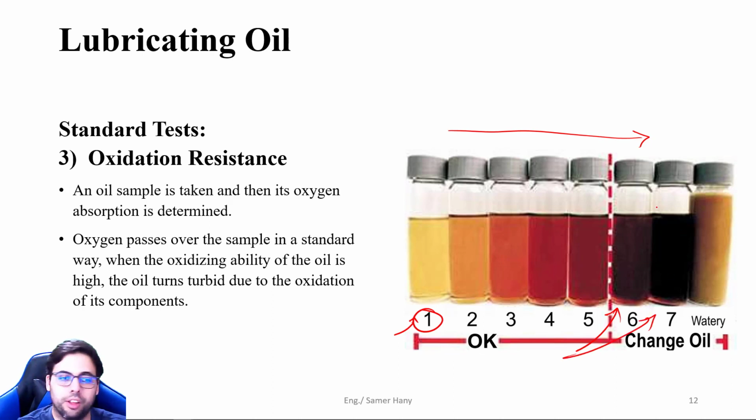And eventually the water that is produced from the oxidation reaction overcomes the volume of the oil present, and it becomes a watery oil. In this stage, this means that the water actually became very, very close to the oil volume, or maybe even more, so that we see here some emulsion of oil and water together. Okay.